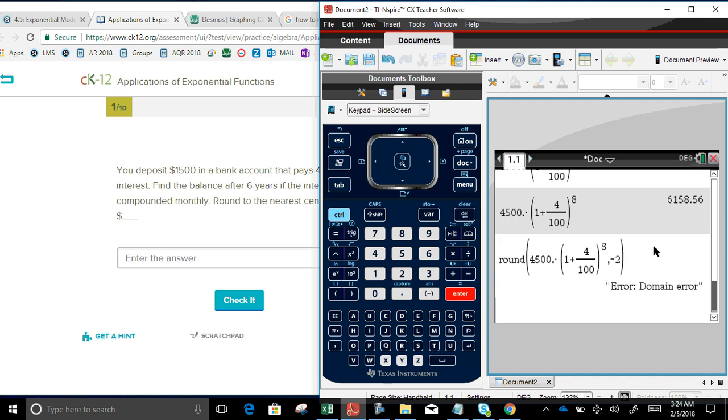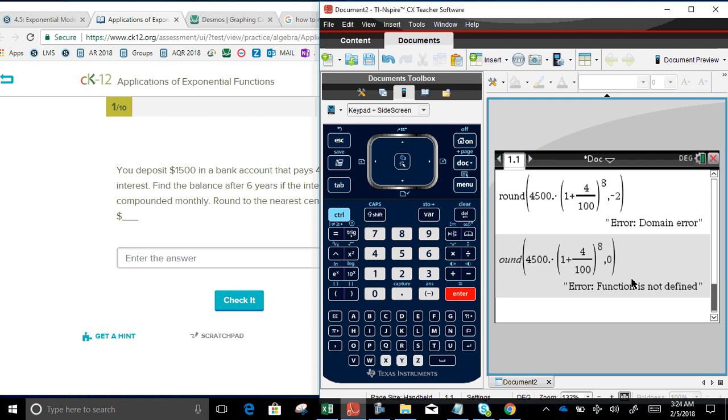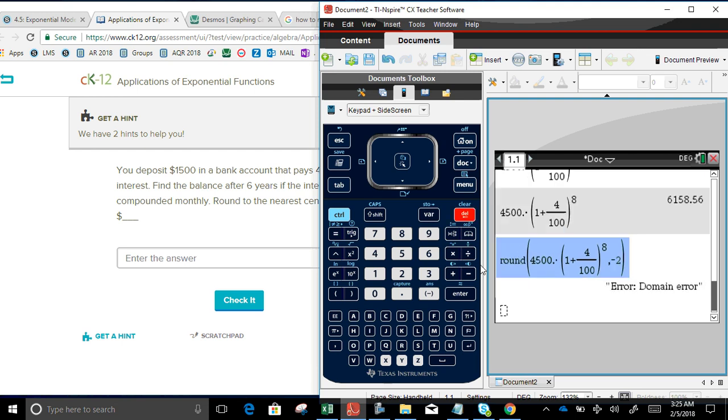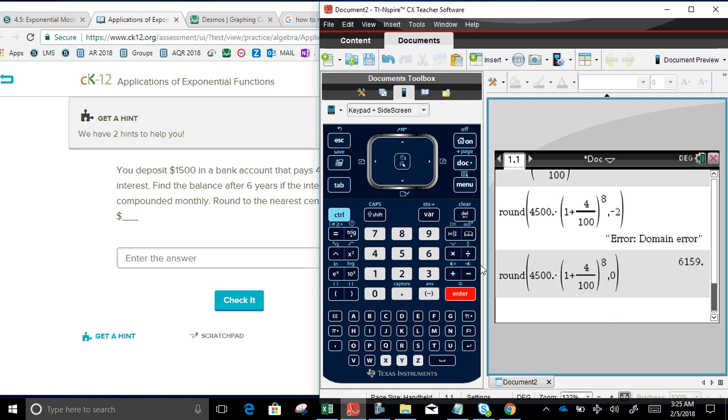No, didn't like that. To 0. Yeah, that's the nearest whole number. Anyway, that function doesn't work that way.